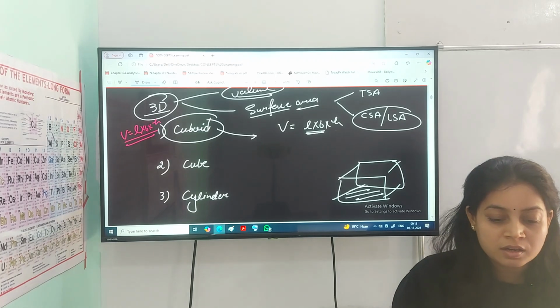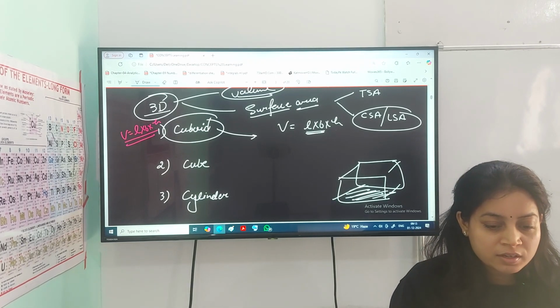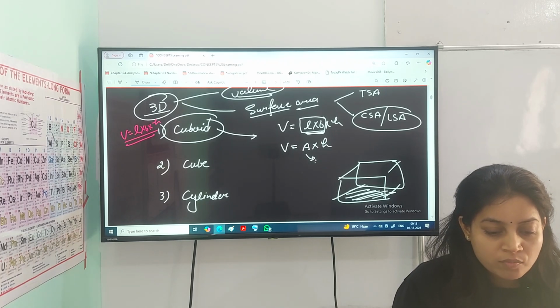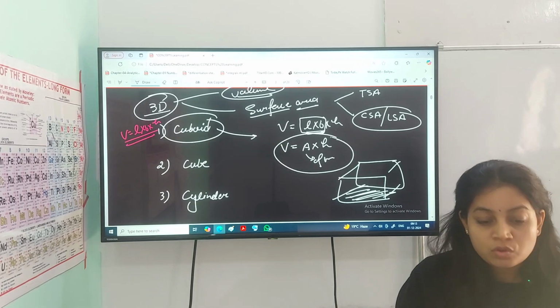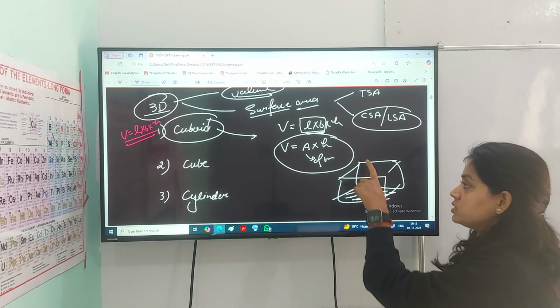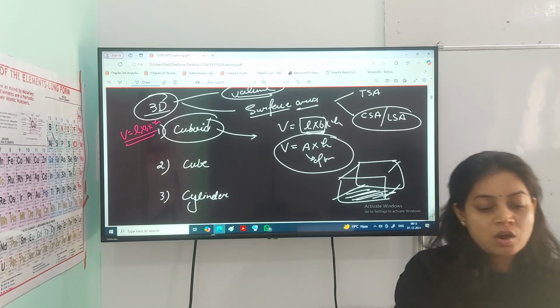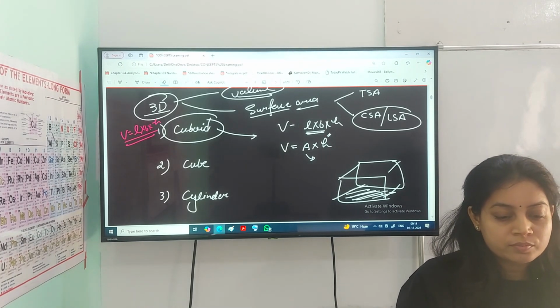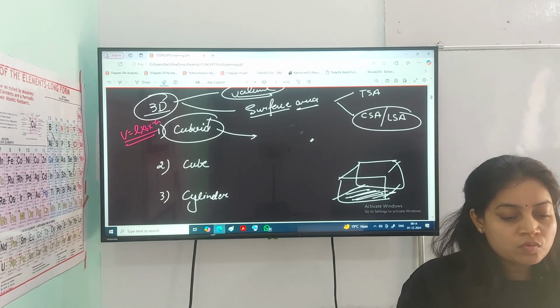Everywhere it is a rectangle. We know the area of a rectangle is length into breadth. So we can always write volume as area of base into height. Area of base into height will always give you the volume. Simple. So volume is done.